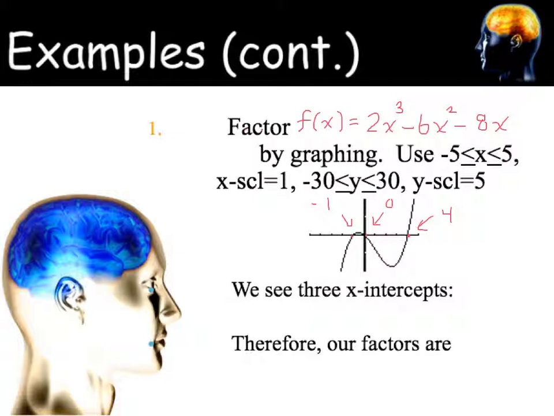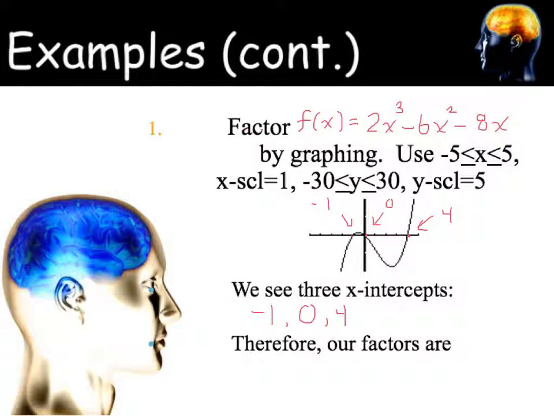But to be sure, I can go to my table in my calculator, second graph, and see if at x is equal to negative 1, y is 0. And the same thing with the 0. See if y is 0 there as well. And then if y is 0 when x is 4. So our three x-intercepts are in fact negative 1, 0, and 4.